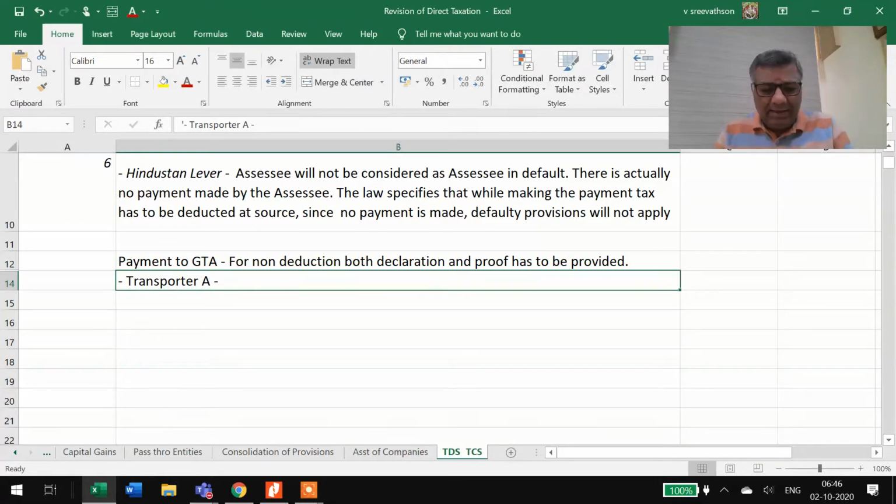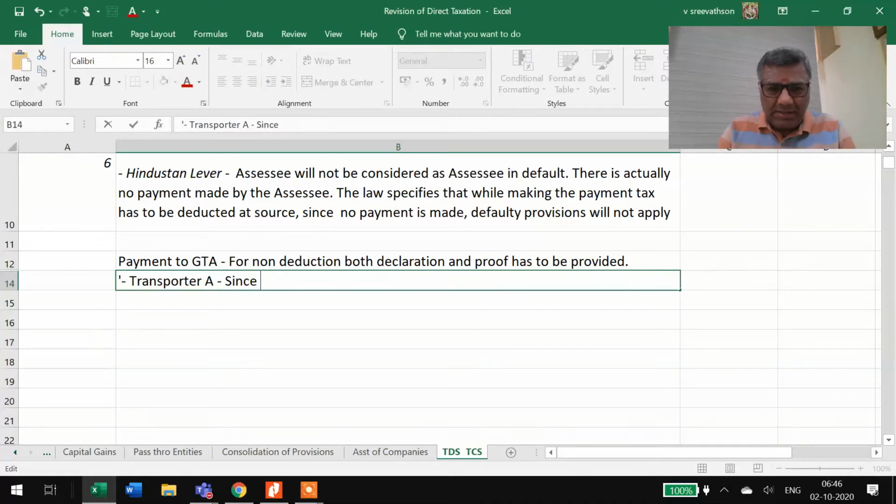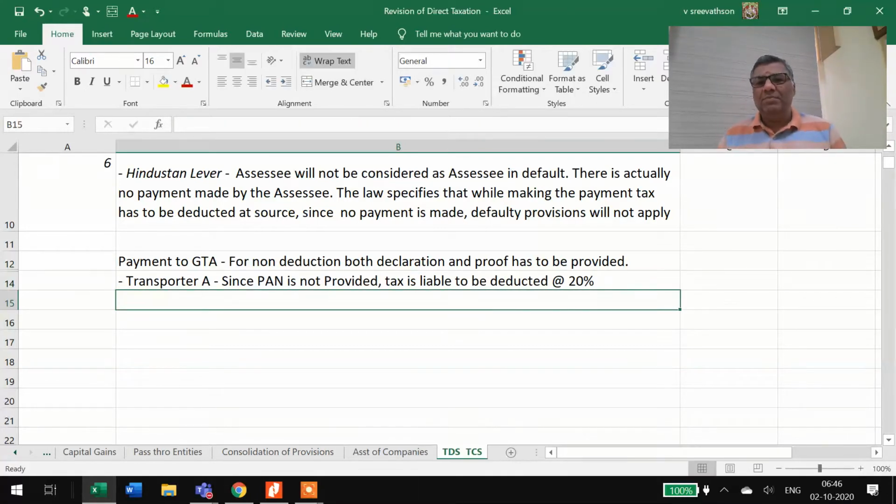Okay, in this case, since PAN is not provided, tax is liable to be deducted at 20%, not 1% or 2%. Individual HUF now 1%. Okay, PAN is not provided, so tax is liable to be deducted at 20%.